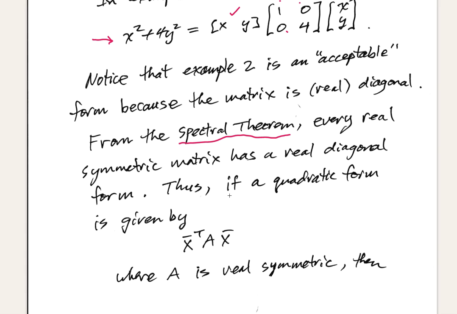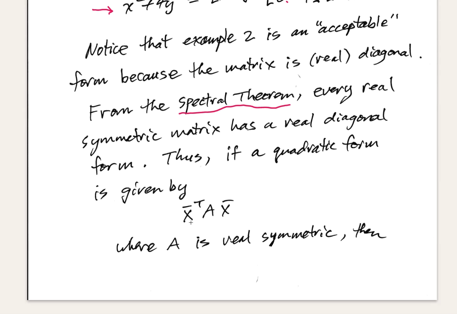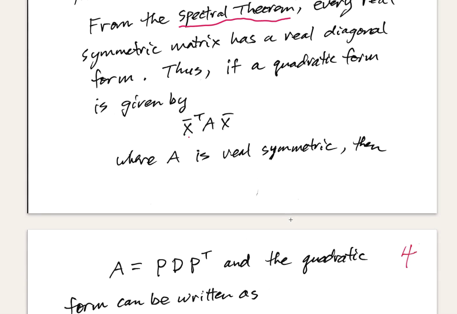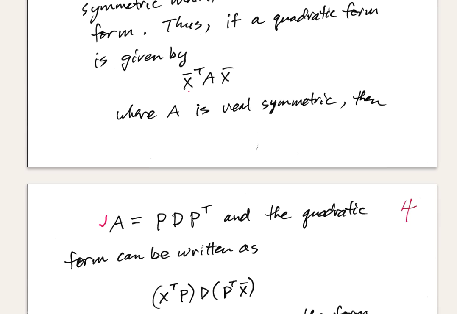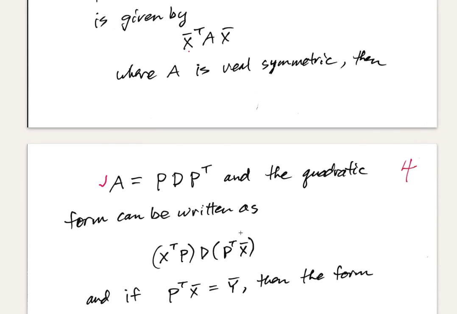Thus, if a quadratic form is given by x bar transpose A x bar, where A is real symmetric, then A can be written this way, P D P transpose, remember that? And the quadratic form can be written this way, x bar transpose P D P transpose x bar.